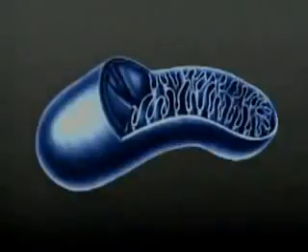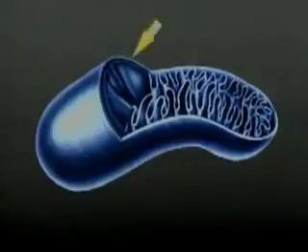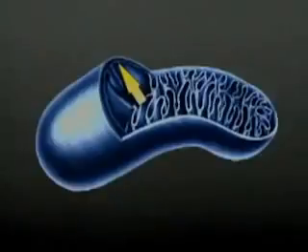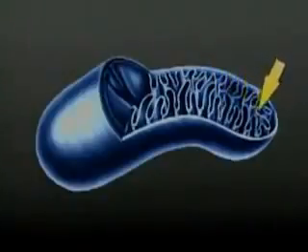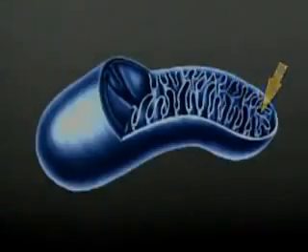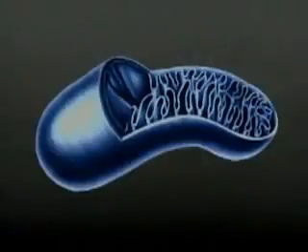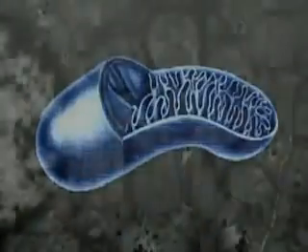Structurally, mitochondria vary in size and shape. However, all mitochondria have two membranes, an outer membrane, which is smooth, and an inner membrane, which is arranged in a series of internal folds called cristae. The many folds of cristae provide an enormous surface area where vital chemical reactions occur. This chemical activity in turn provides energy for the cell.